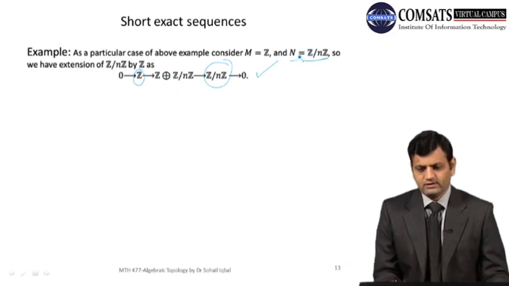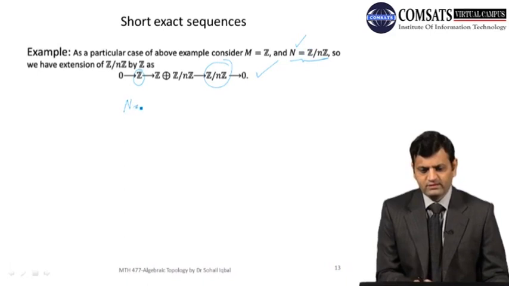This N consists of the elements 0, 1, 2, 3 up to n minus 1 bar. These are classes. For example, in the 0 class we have all elements of nZ, which are the multiples of n: 0, plus minus n, plus minus 2n, and so on.